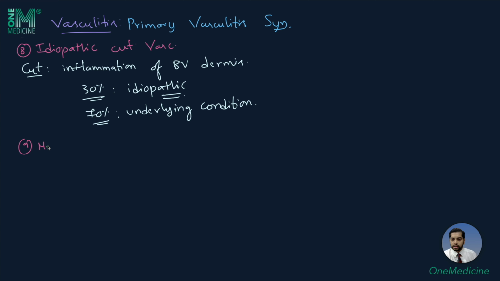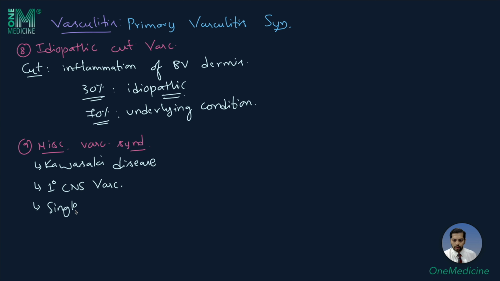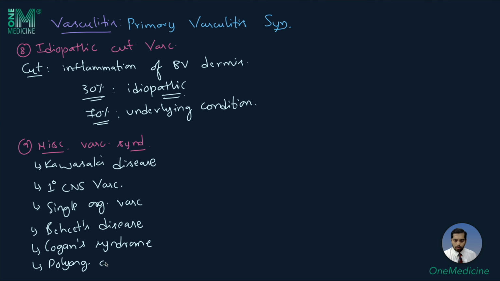The other miscellaneous vasculitis syndromes include Kawasaki disease, primary central nervous system vasculitis, single organ vasculitis, Behçet's disease, Cogan's syndrome, and polyangiitis overlap syndrome.